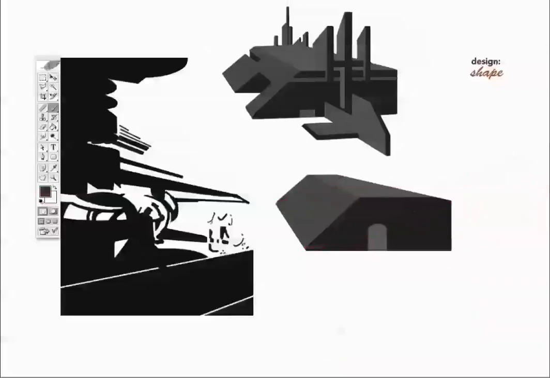To further increase the interest of your shapes, they need to be interlocked one with the other and with the negative space. This shape does not interlock with the surrounding negative space, and therefore it's not as interesting as this shape that does interlock with the negative space surrounding it.